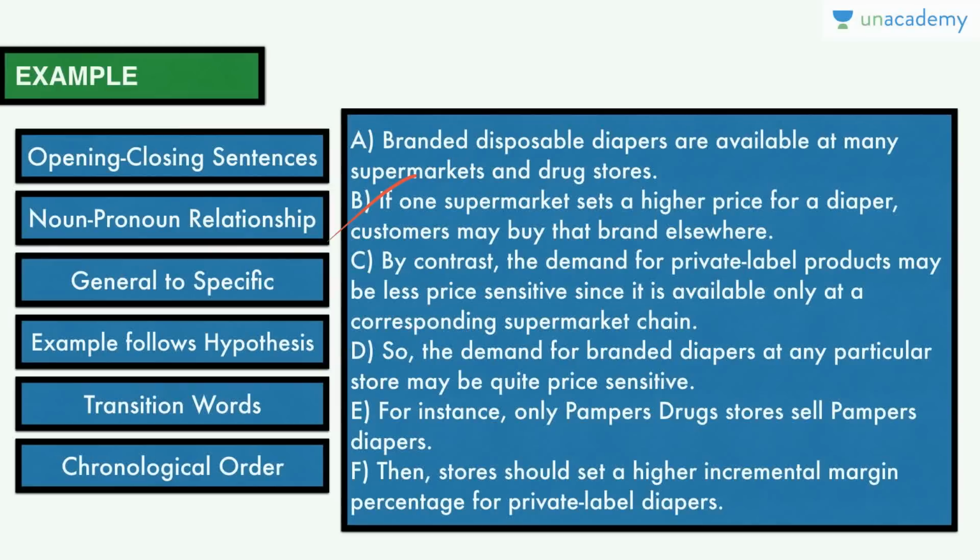Confusion between D and B is very acceptable and it's bound to happen. Just try to understand why did D come first. Have a look at what will follow A logically speaking. Branded disposable diapers are available at many supermarkets and drugstores. So what will happen because of that? So demand for branded diapers at any particular store may be quite price sensitive. Now you theorized this price sensitivity, and in B you're sort of giving an example, you're explaining it further.